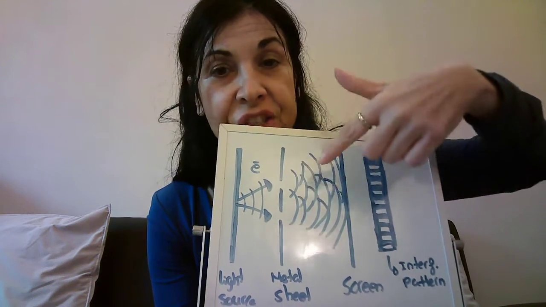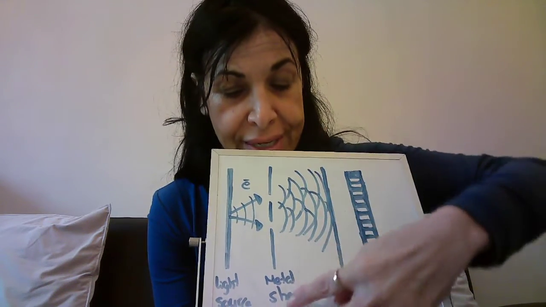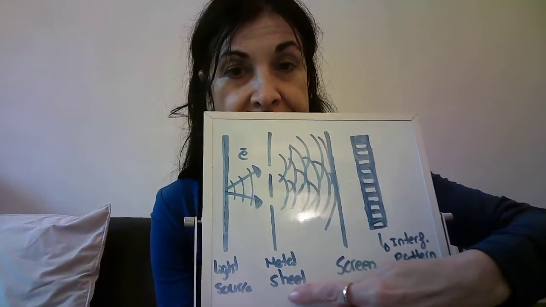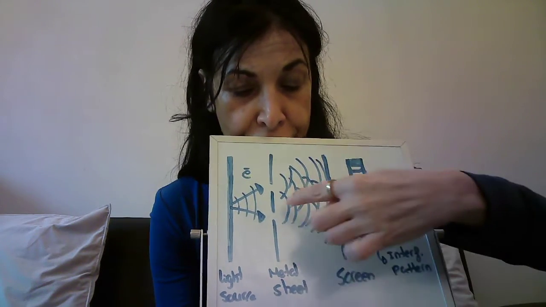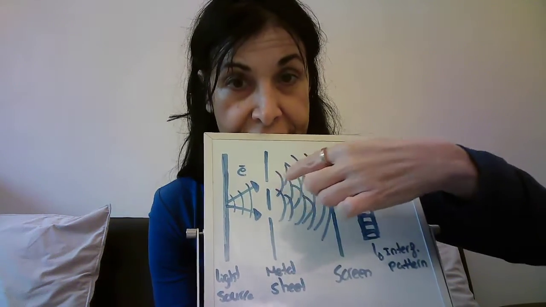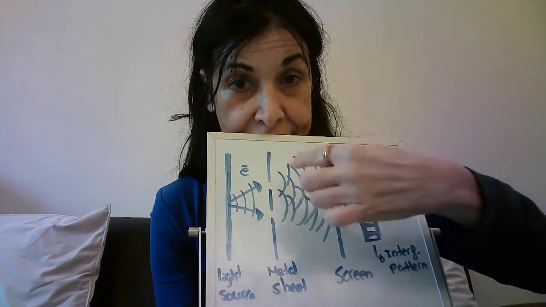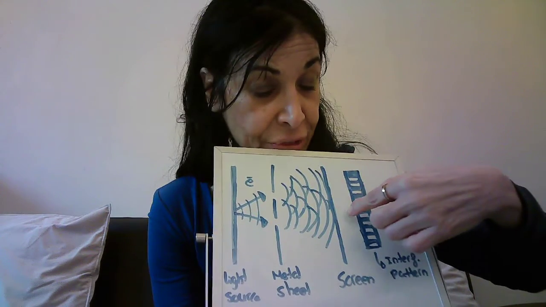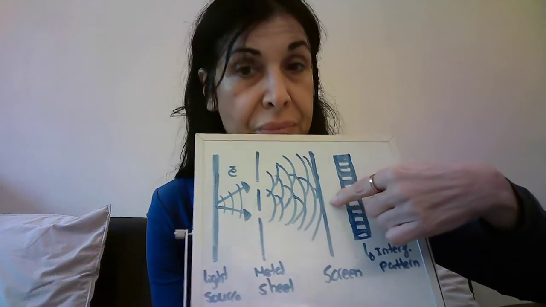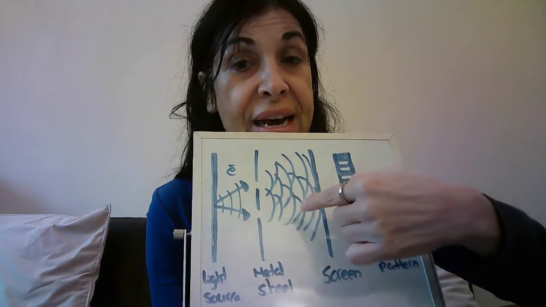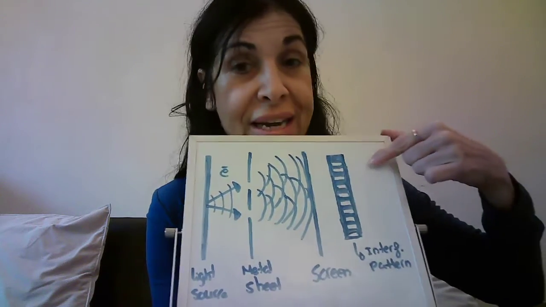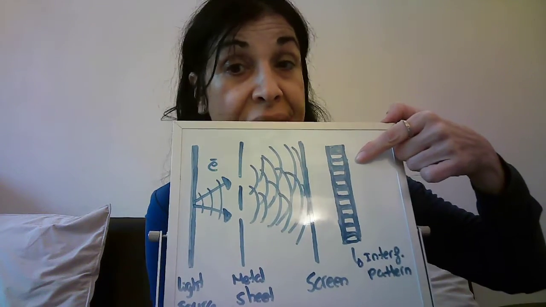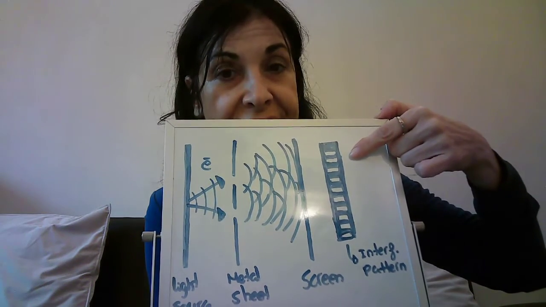Then they had a metal sheet with two slits, so the electrons could go through one or the other, and they bounced onto a screen, which gives what we call an interference pattern. That's the pattern that could be displayed after firing the guns.